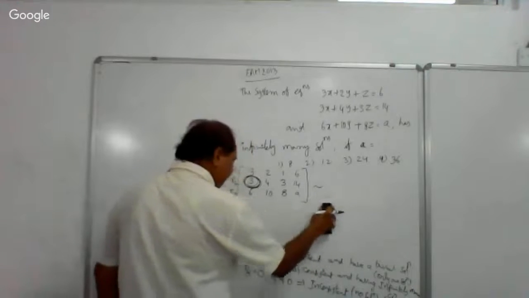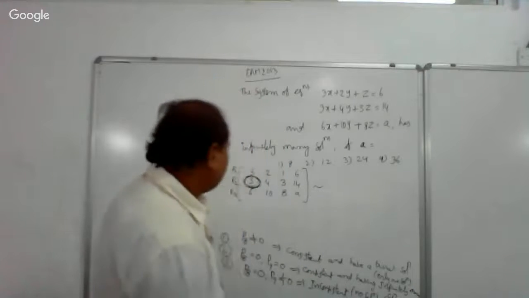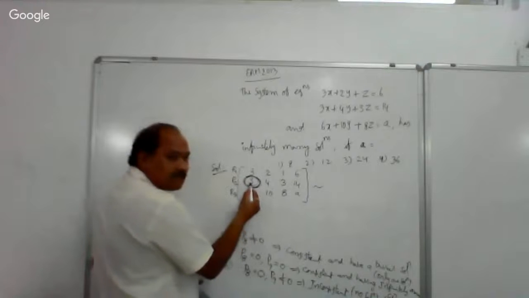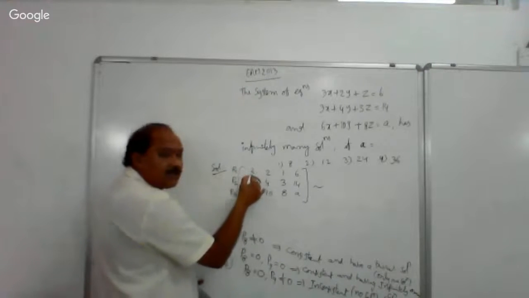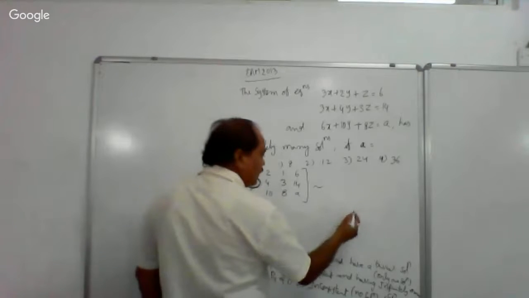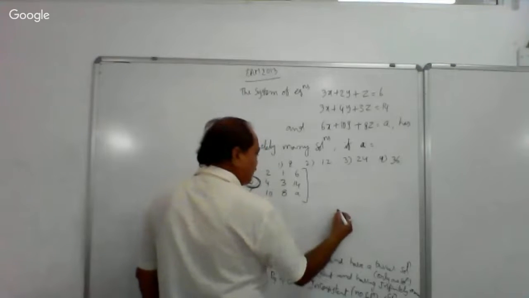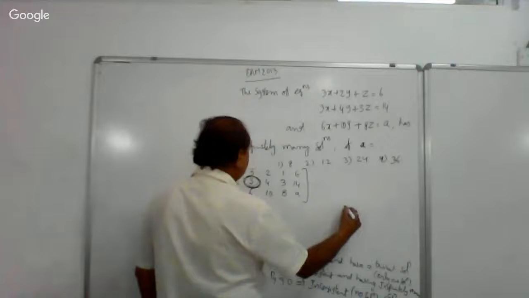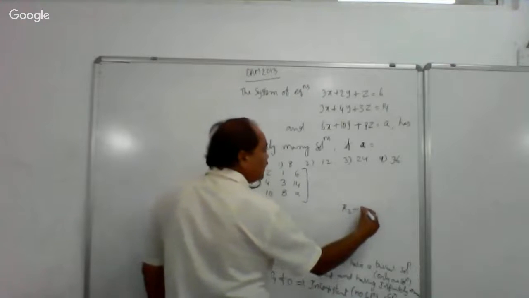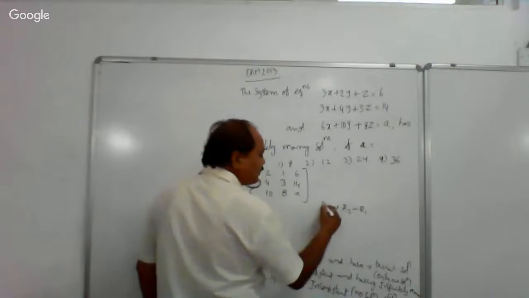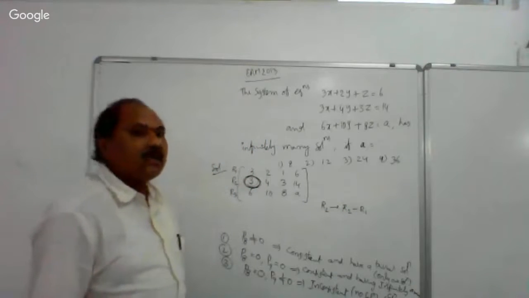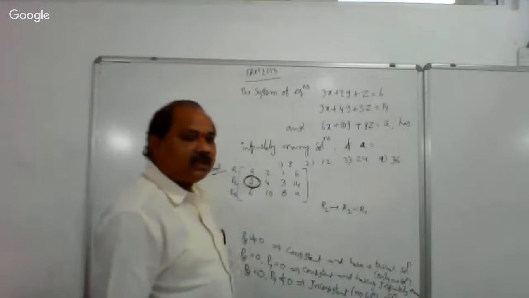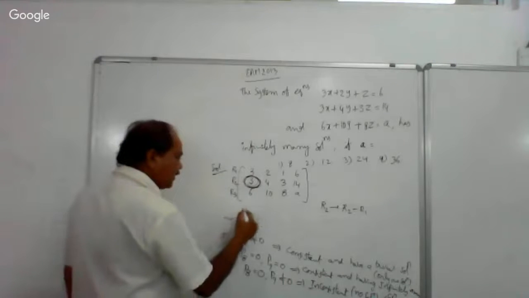To make 0 here, R2 minus R1, 3 minus 3, 0. Instead of R2, I am writing R2 minus R1.